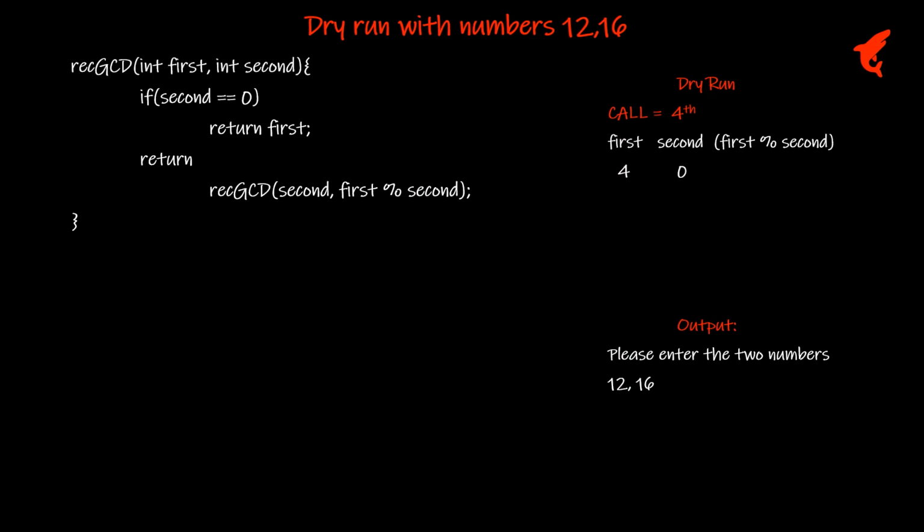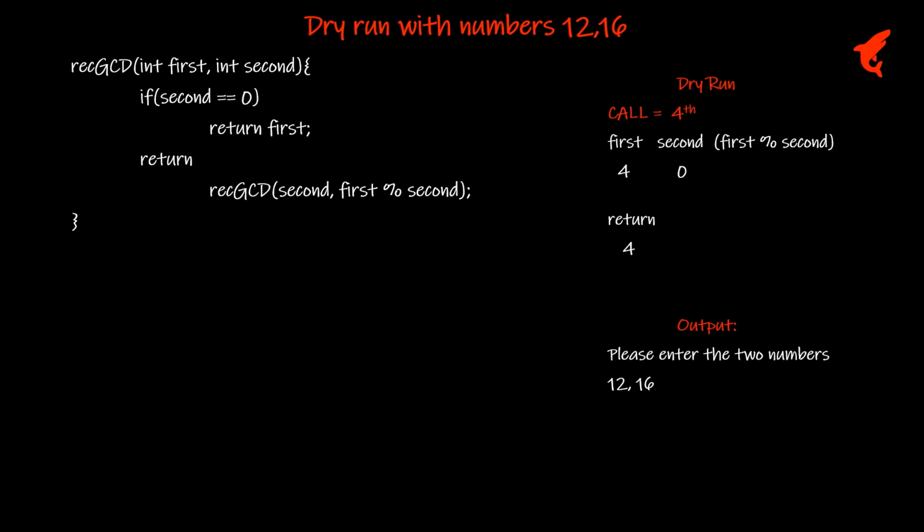Now the if condition is checked, the value of second is 0, and therefore this condition is true, right? And therefore the control goes to the return first statement, that is executed, and it will return the value 4. This value will return back to this function's previous call, which is call number 3.